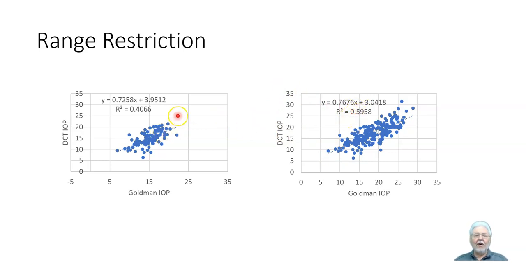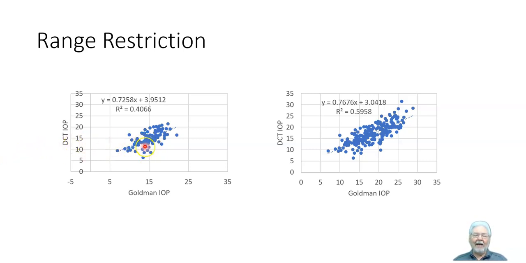Now, if we recall, our R that we were talking about was 0.3, the effect size we wanted to see. If we're talking about 0.3 for an R, the R squared would be 10%. So this is good from a theoretical point that Goldmann is predicting DCT.